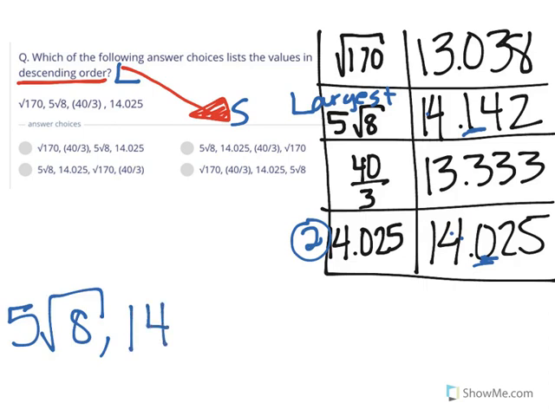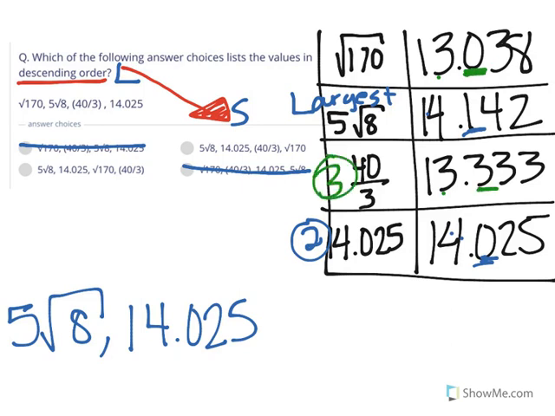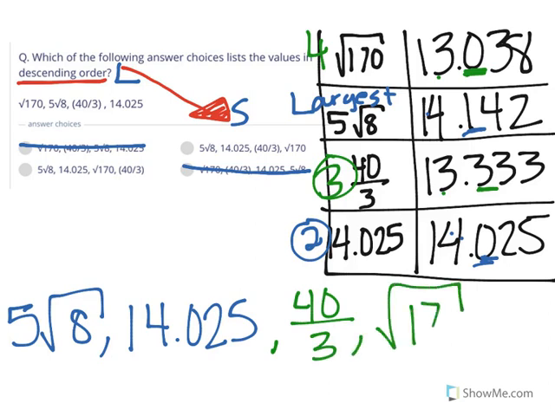We have 14.025. So that takes away there. And it takes away there. Then I see 13, but I have a 0 and a 3. That means this is 3, and this is my smallest. So 40 over 3, and then square root 170. That takes us to this as our answer.